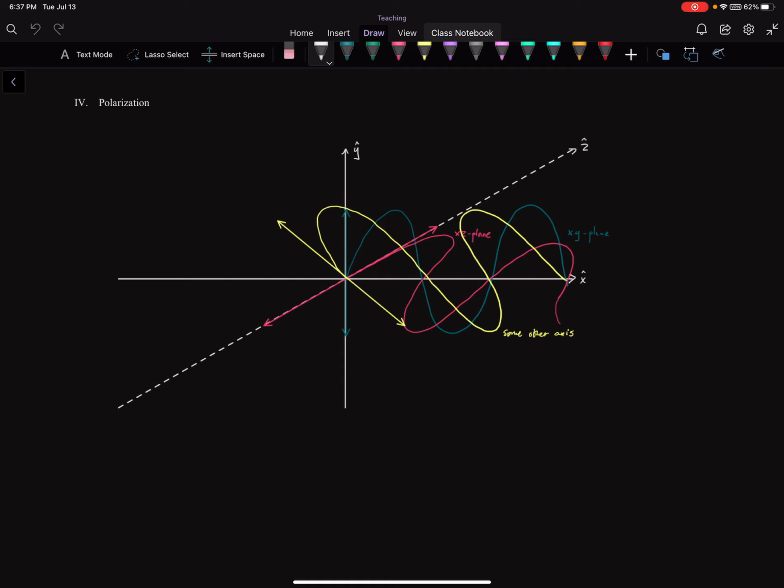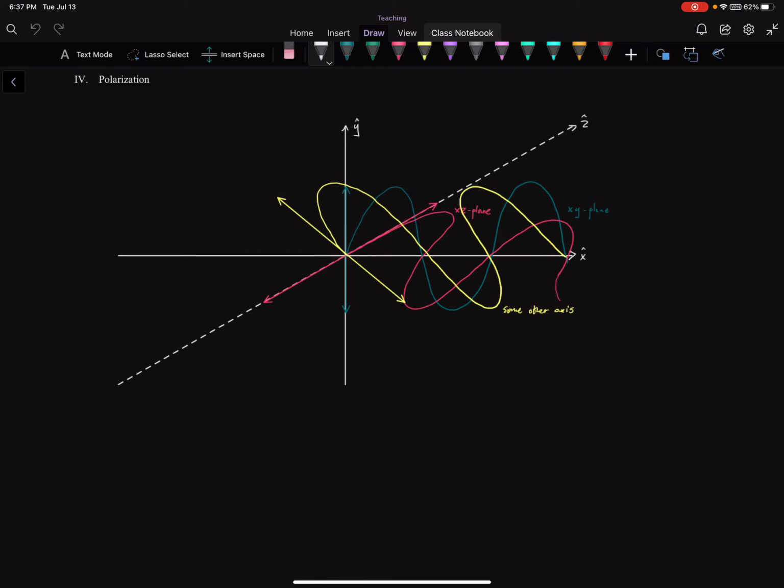If a wave travels along the x direction here, the transverse displacement can be along the y-axis, which I've attempted to draw in blue, and that would be in the xy plane. Or it can be in the z-axis, and that would be what I've attempted to draw in red in the xz plane, or any other axis in between. And I've attempted to draw some other axis that is diagonal.